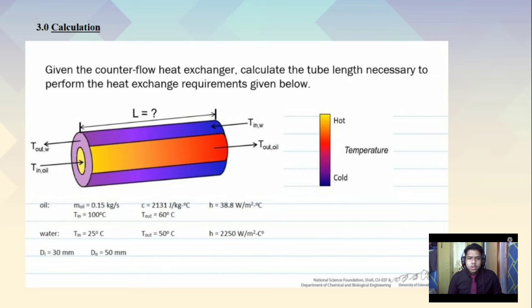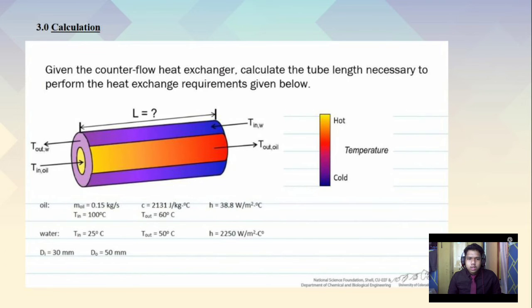So, given the counterflow heat exchanger, soalan dia suruh calculate the tube length necessary to perform the heat exchange requirement given below. Dia menggunakan liquid oil, dan dia dah bagi dia punya given tu.